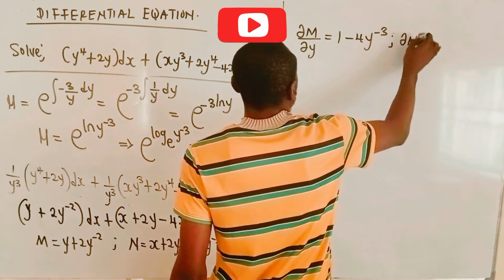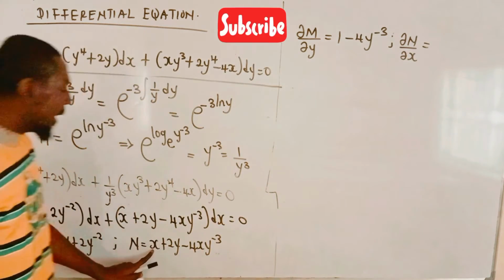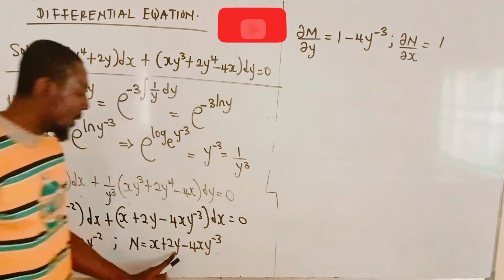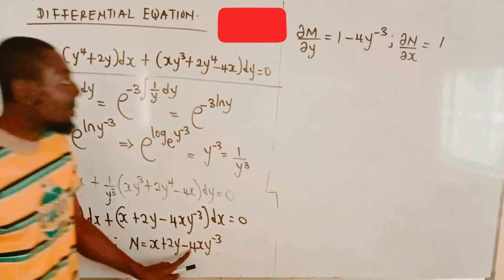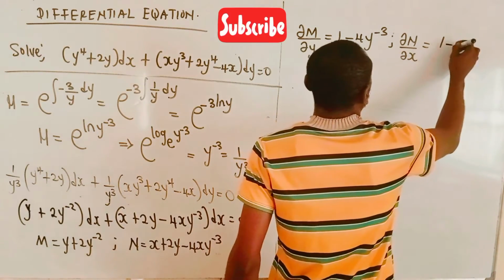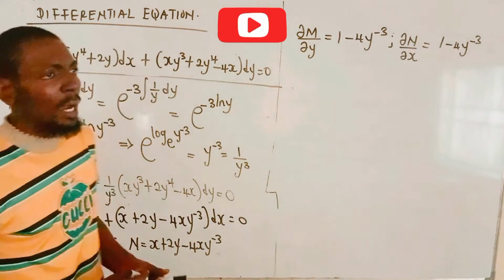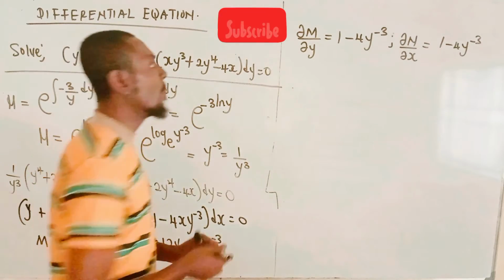And then the partial differentiation of N with respect to x: differentiating x with respect to x is 1. We skip this one because it doesn't contain x, and what we have left here is minus 4y raised to the power minus 3. If you take these two equations, you find out that it is evident that the equation is now exact.